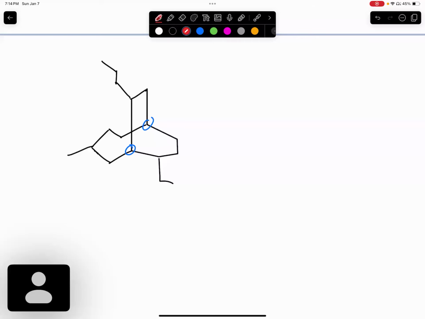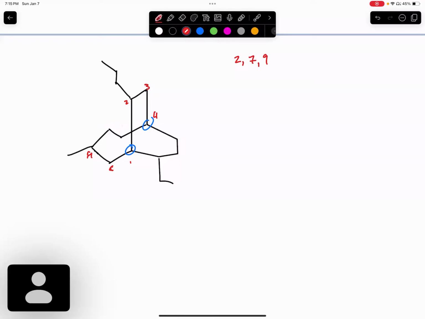Let's see. If we went up, it'd be 1, 2, 3, 4. If we decide to go here, it would be 5, 6, 7, 8, 9, 10, 11. So that gives us 2, 7, and 9. But let's say we decided to go left, let's see what that gives us.